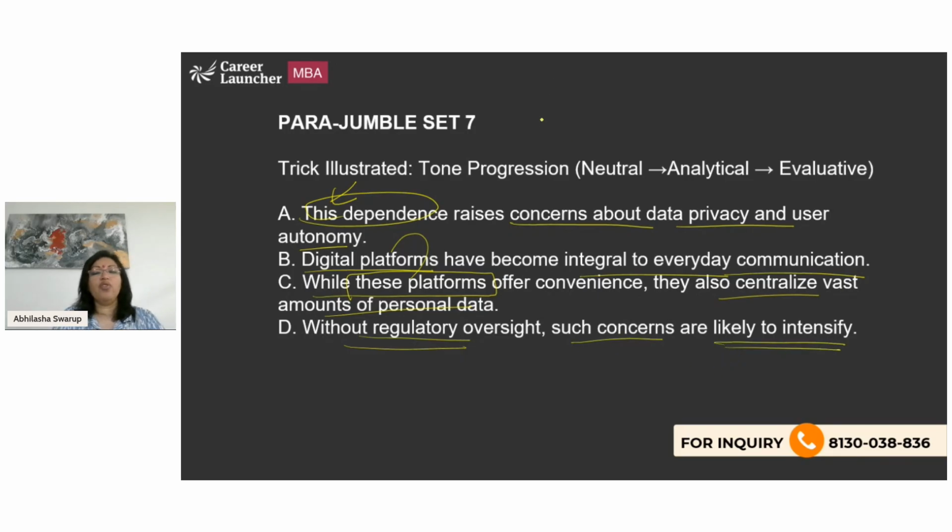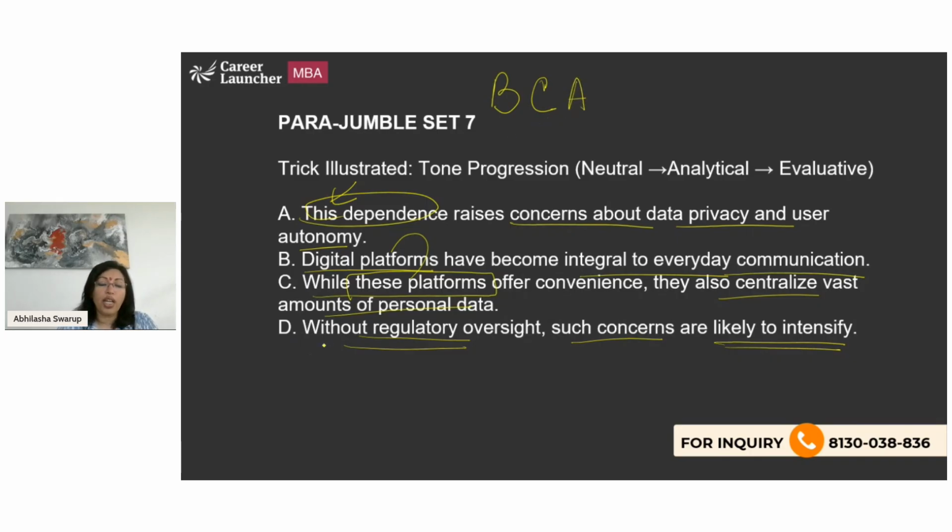So I started with my neutral statement, which was sentence number B, talked about digital platforms being integral to everyday communication. Then I came to the next one, which was doing the analysis. While these are convenient, they centralize vast amounts of data, and because all this data is in one place, there is a concern about data privacy and user autonomy.